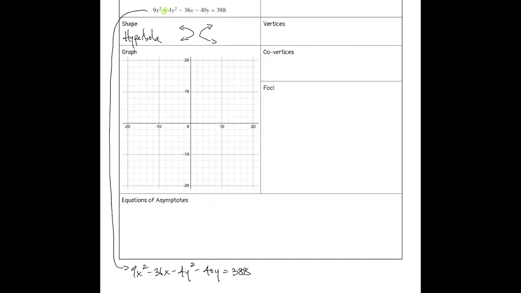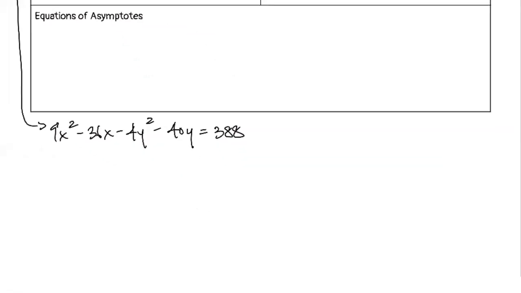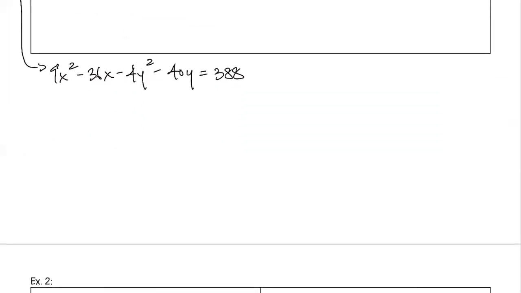Okay. So let's take a look at this completing the square here. The first pair, I can factor out a 9, and that's fine. What am I factoring out of the second pair? Negative 4. I love it, a negative 4.